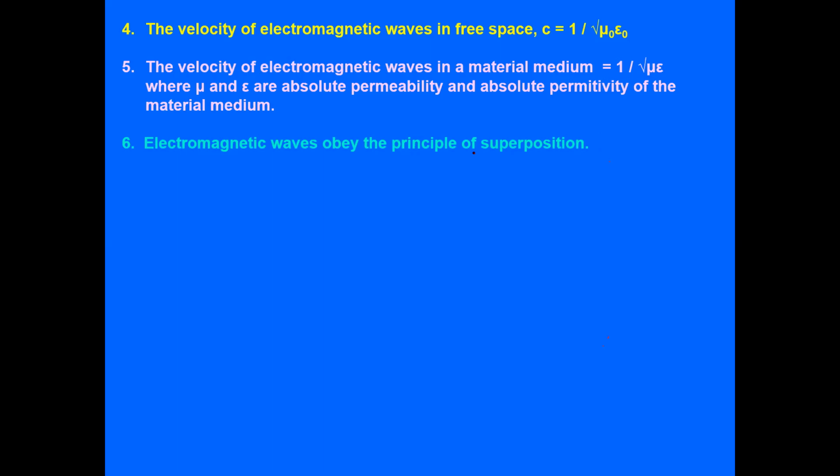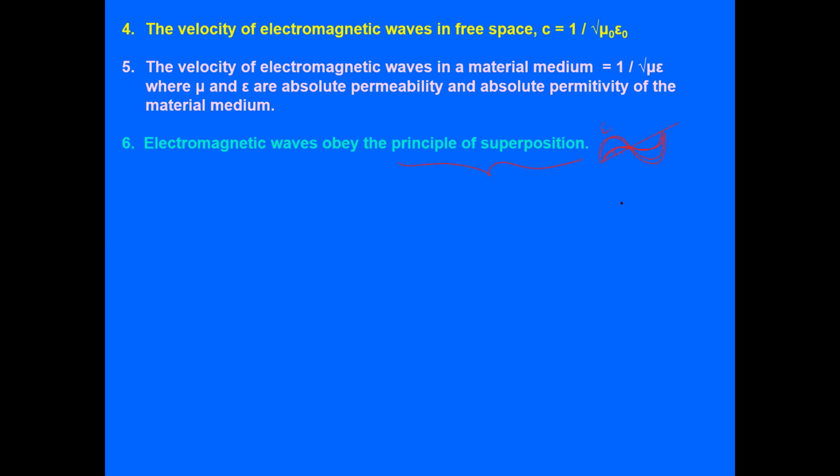And also, like superposition of normal waves, electromagnetic waves also obey the principle of superposition. That means two waves propagating in the same space. One wave is suppose this, another wave is this. I'm just giving the electric field part, not the magnetic part of the electromagnetic wave. So this is suppose E1 and this is E2.